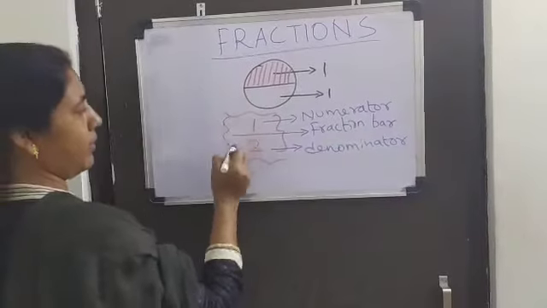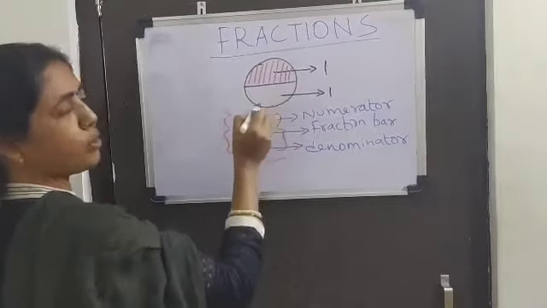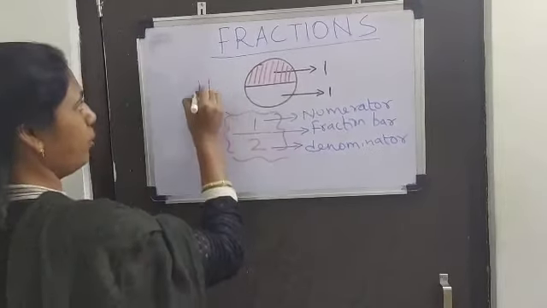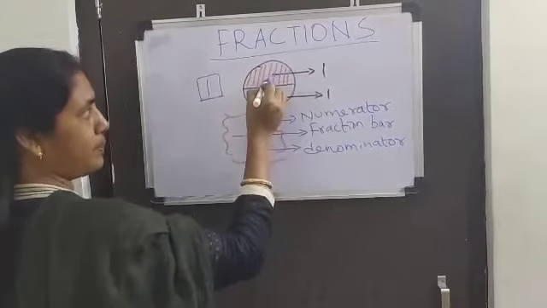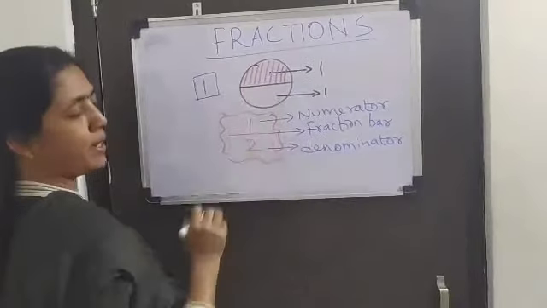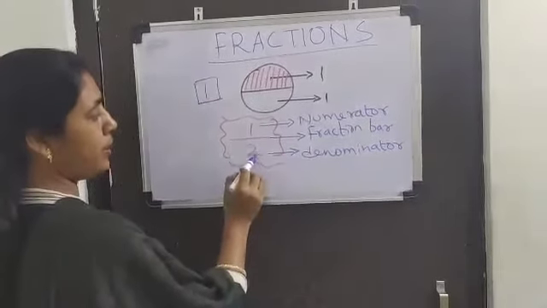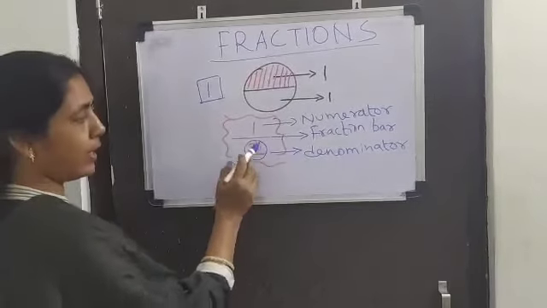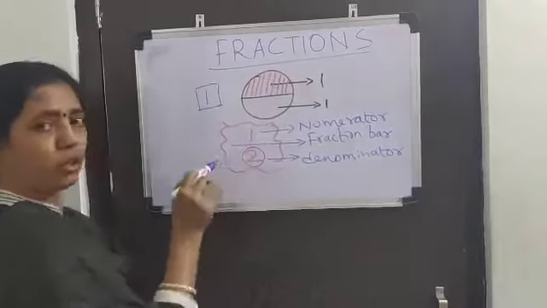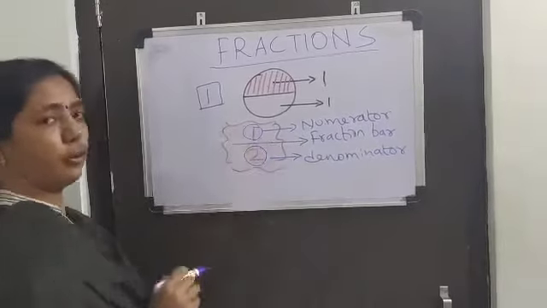So this fraction is a part of this whole, right? This is one full whole, and in this, after dividing 2, I have taken this part. So 1 out of 2 parts I have taken. So always remember, the total number of parts you should write in the denominator, and the part which we are using or talking about should be there in the numerator.